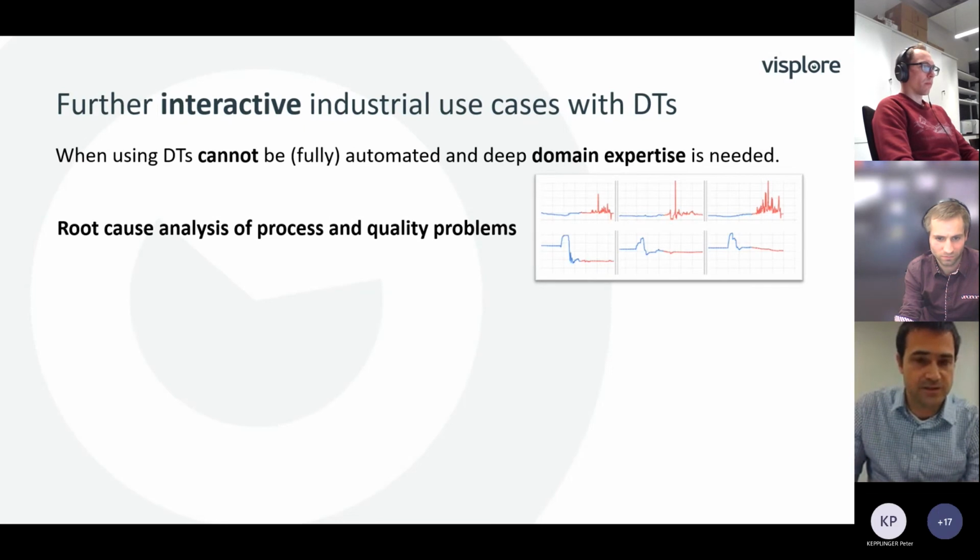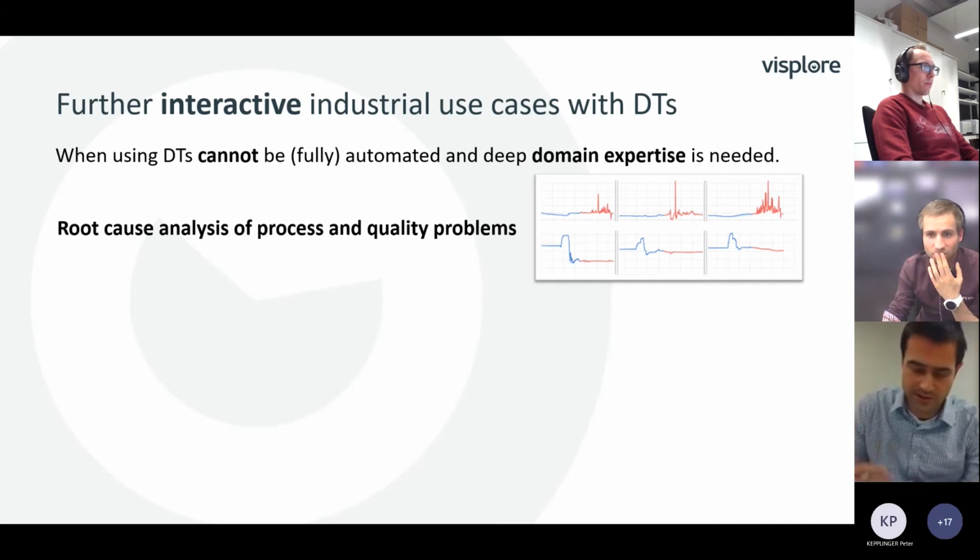I'd like to just mention 3 more use cases where we see that it's a big benefit to include the human expert in the loop.